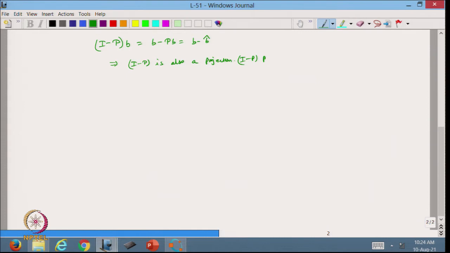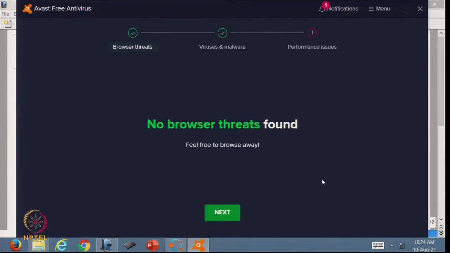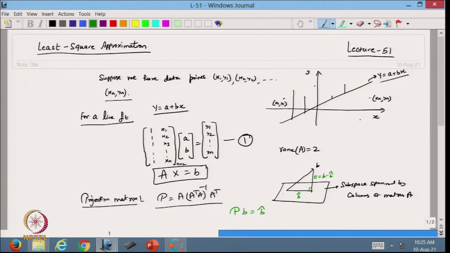So I minus P projects the vector B to the subspace orthogonal to the subspace spanned by the columns of A. This is the subspace spanned by the columns of A, and I take the projection over it, that is B hat, and then the error term B minus B hat.